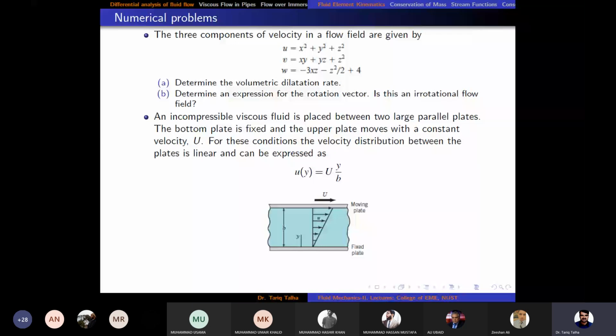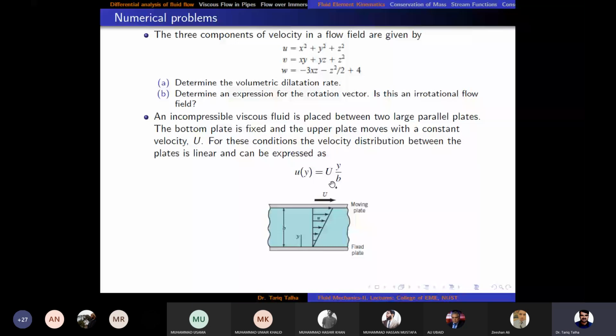The bottom plate is fixed and the upper plate moves with a constant velocity U. For those conditions, the velocity distribution between the plates is linear and can be expressed as u as a function of y, equal to U into y upon b. B is the distance between these two plates, and y is the vertical distance starting from the bottom plate.